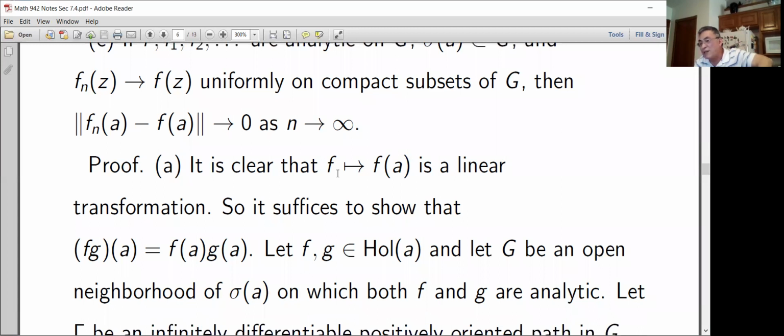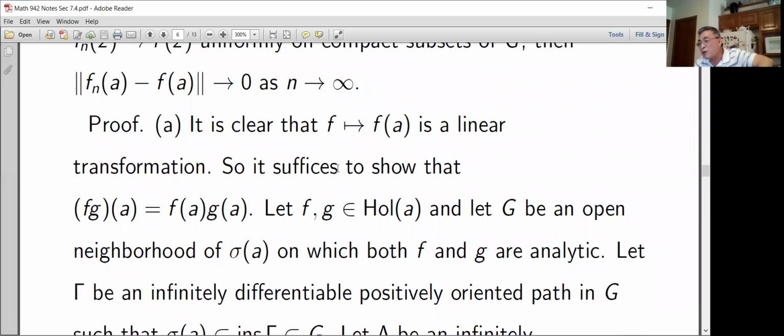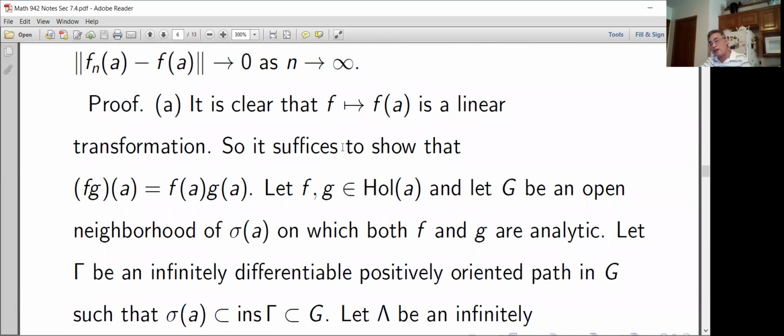So let gamma be an infinitely differentiable positively oriented path in G such that sigma of A is contained in the inside of gamma, and the inside of gamma is inside of G. The existence of such a path is guaranteed by an earlier proposition. So we can find this gamma so that the spectrum sigma of A lies inside of gamma.